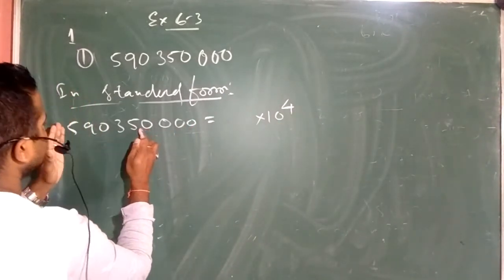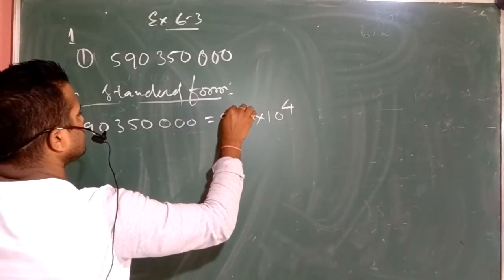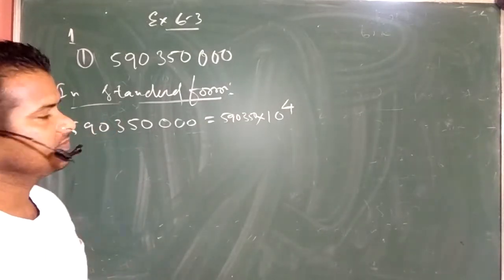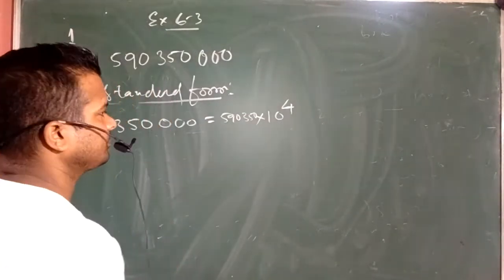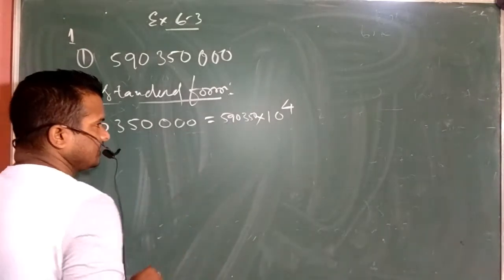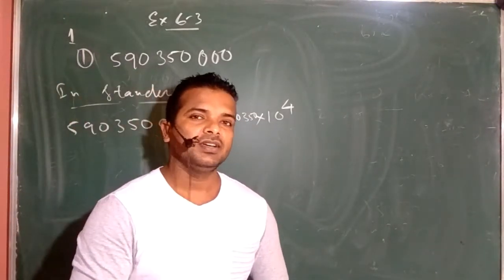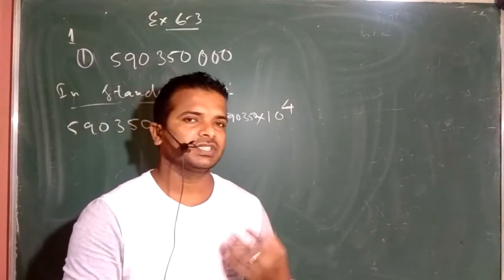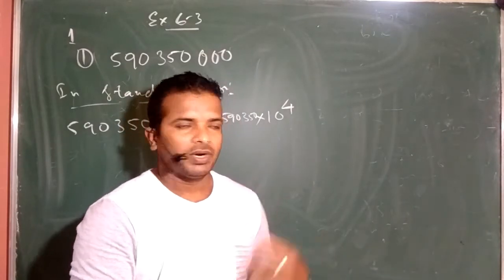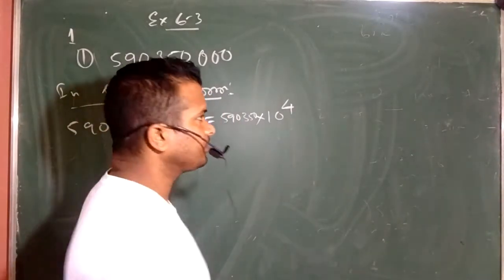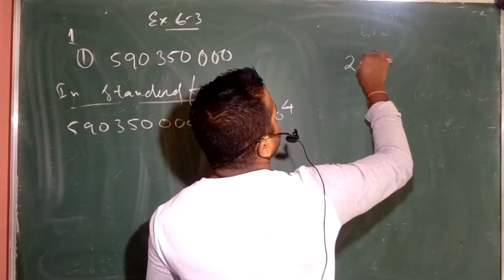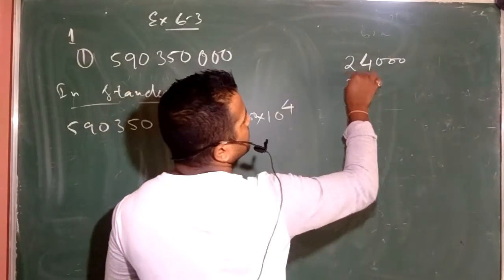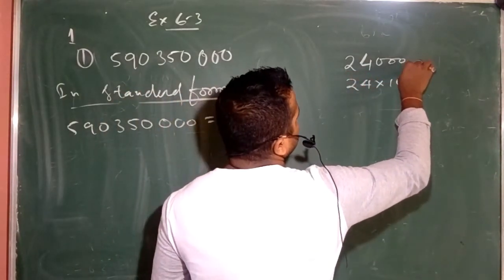After this, what is left? 590 350. But this is not the complete answer. We need to put the decimal. Like in the previous question, when I was explaining 2000, I didn't put it. But if your digits are more than 1, for example if it is 24,000, what do we have to do? 24 into 10 to the power how much? 3, because 1, 2, 3.